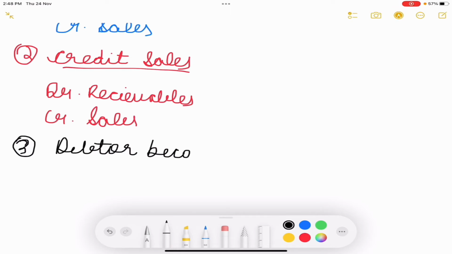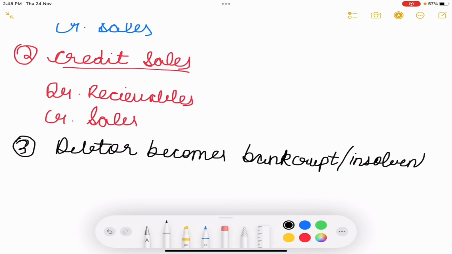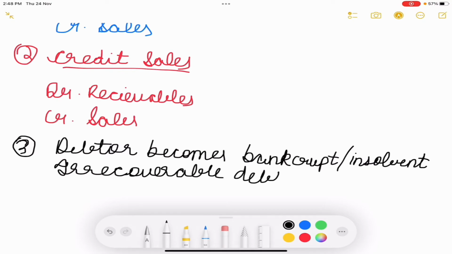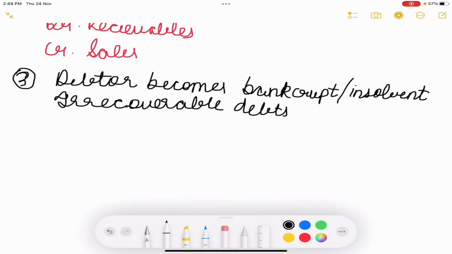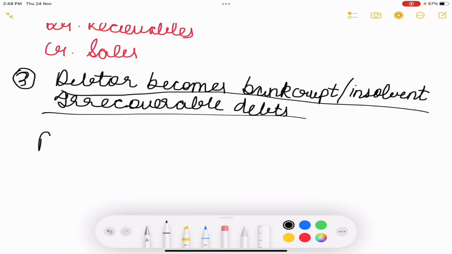Debtor becomes bankrupt. This is also known as irrecoverable debts. What happens in such a situation? Whenever an irrecoverable debt situation occurs, what happens? Debit irrecoverable debts.